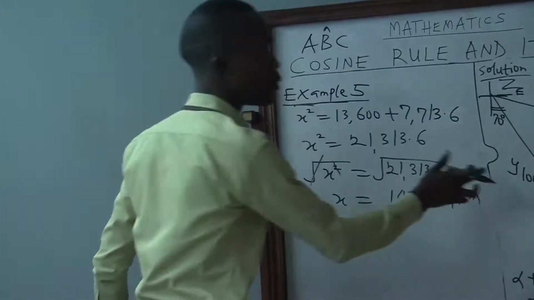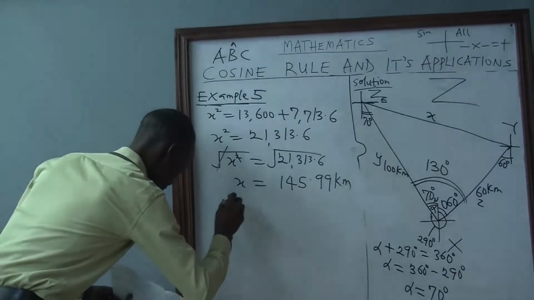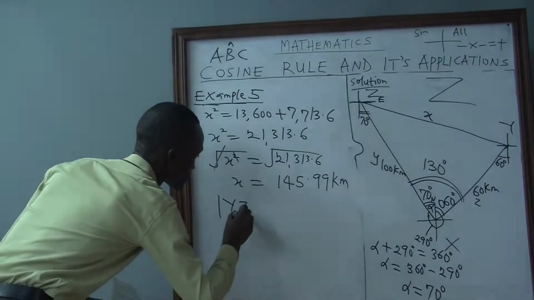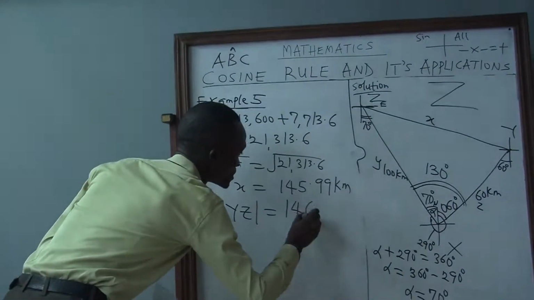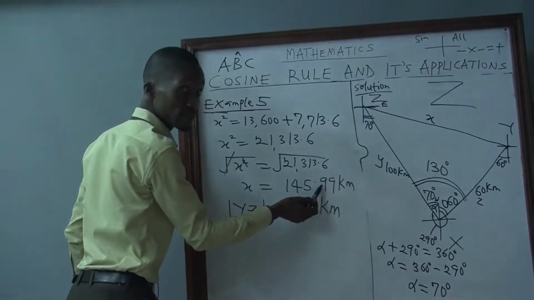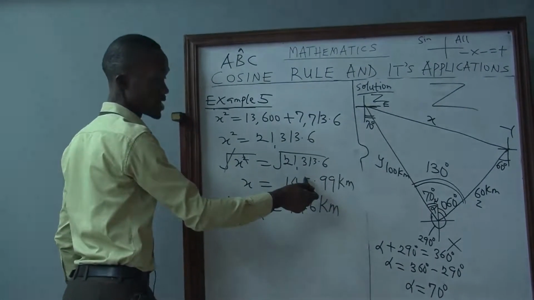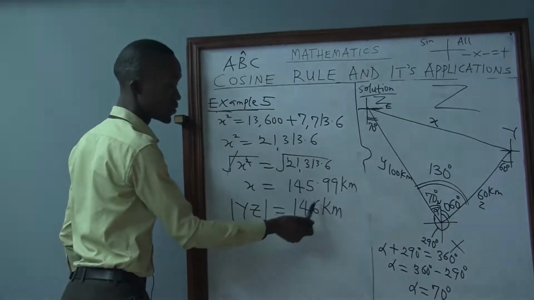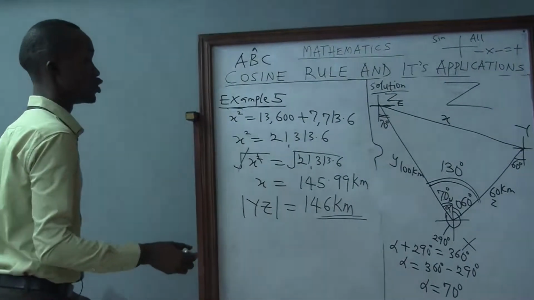But because the other ones are to the nearest whole number, we have yz, which is what the question is asking us first, as 146 kilometers. This is 9. So by the time we round up 9, it will become 1. And the addition of that one with 145 is giving us 146 kilometers.